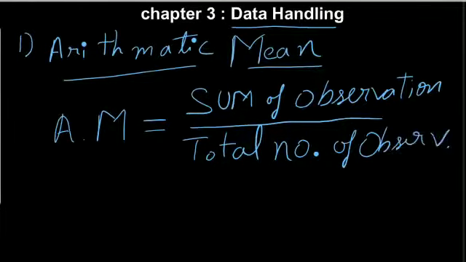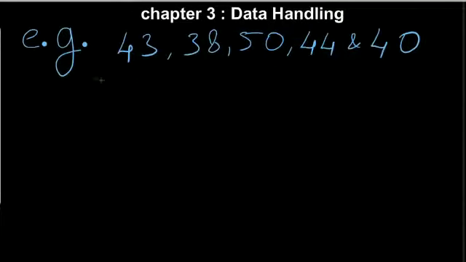Here I am writing observation in short form. So this is the formula for arithmetic mean. Let's see the example.